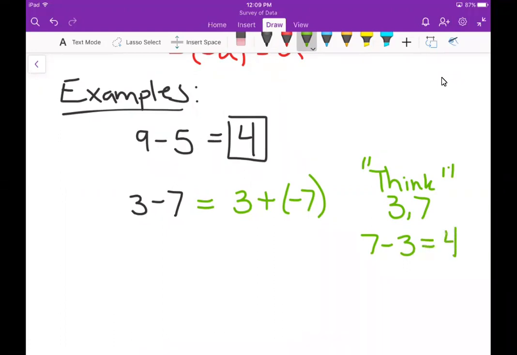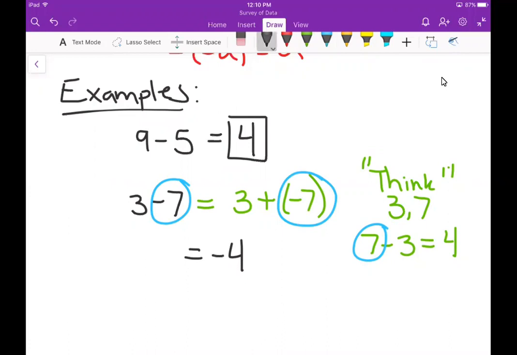But remember, we always take the final answer to be the number with the sign of the bigger number. So the answer here is 4, but 7 was originally a negative number, right? We can see that both here and in the addition version of that problem. So that means my final answer needs to be negative, which makes sense. I had 3 and I had to take more than 3 away, so I went into the negative numbers.